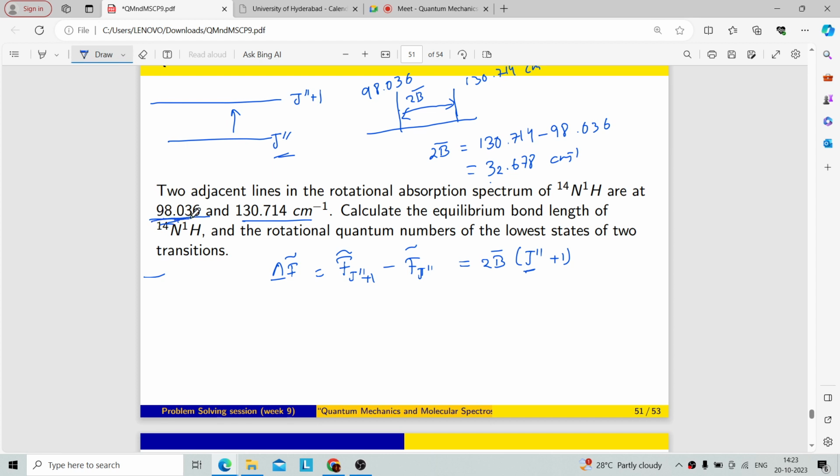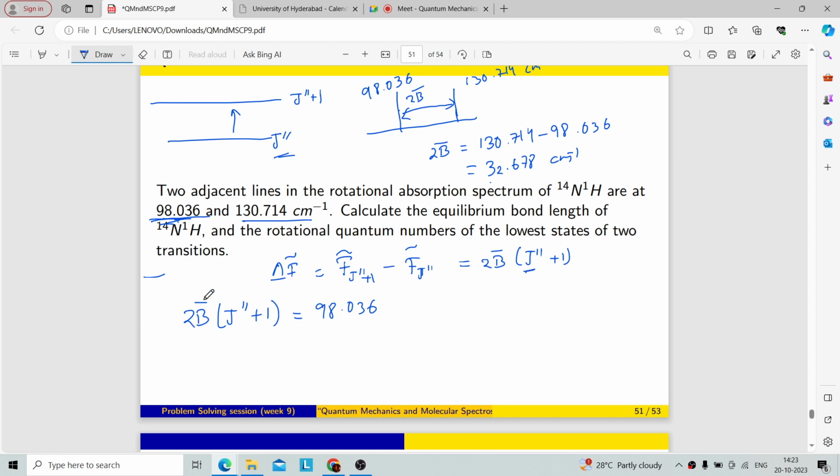Now this line is coming from some transition, right? For this first one, 2B bar times J double prime plus 1 is the spectral line, which is 98.036.